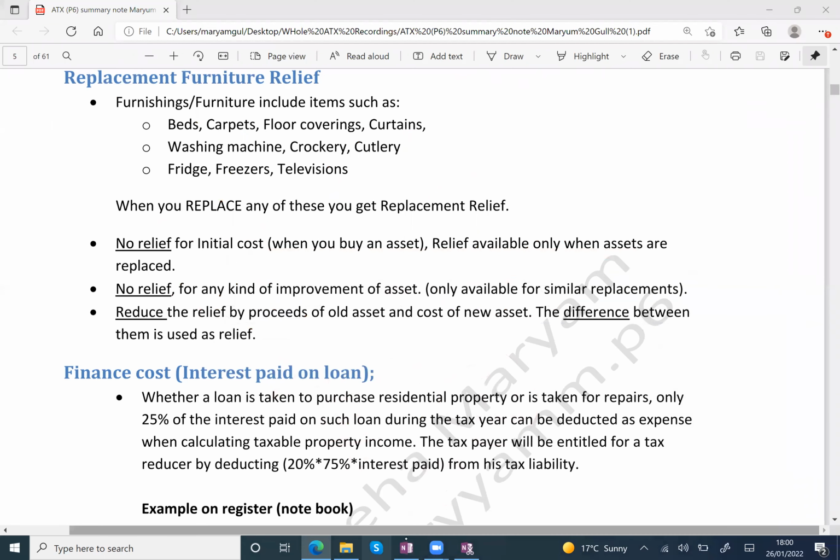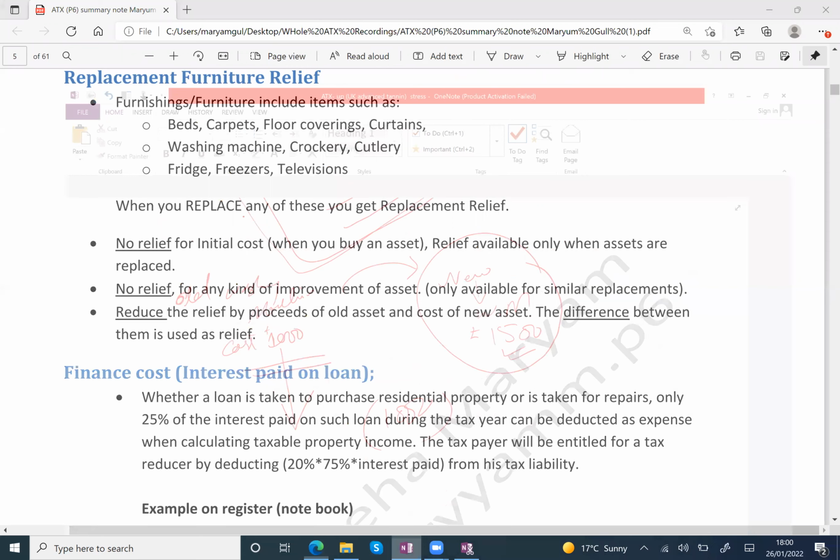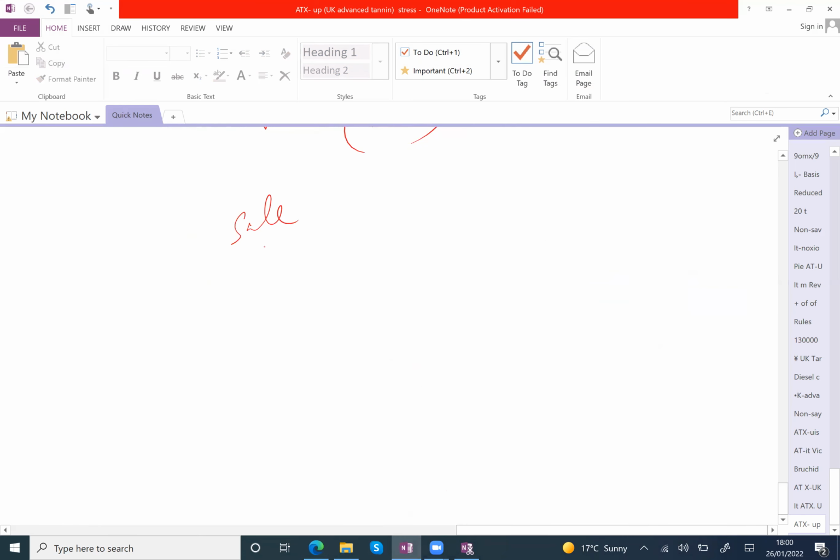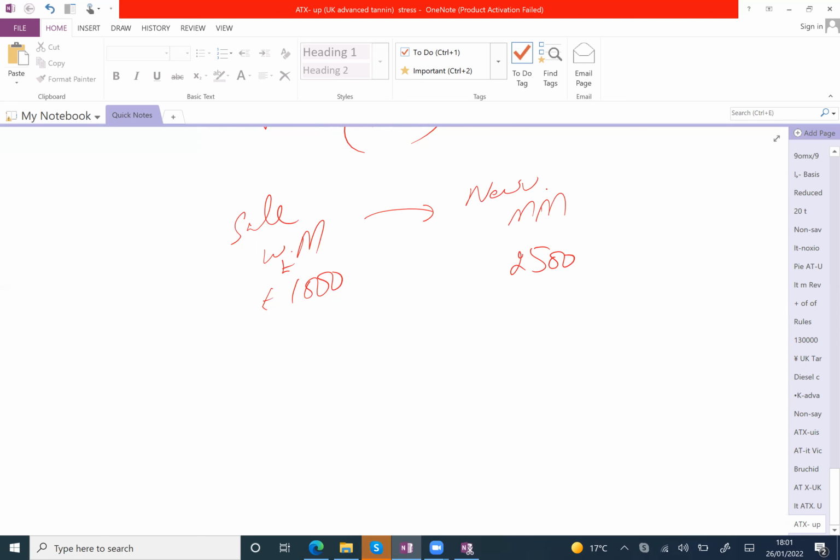For example, you are selling an old washing machine for 1,000, and you are purchasing a new washing machine costing 2,500. So how much relief will you get? I think 1,500. Very good.